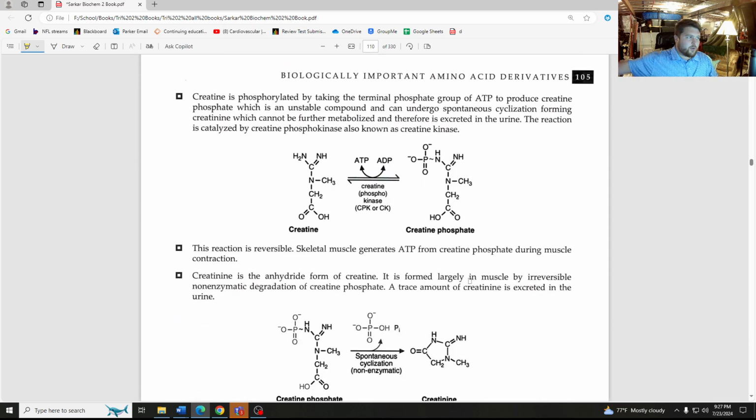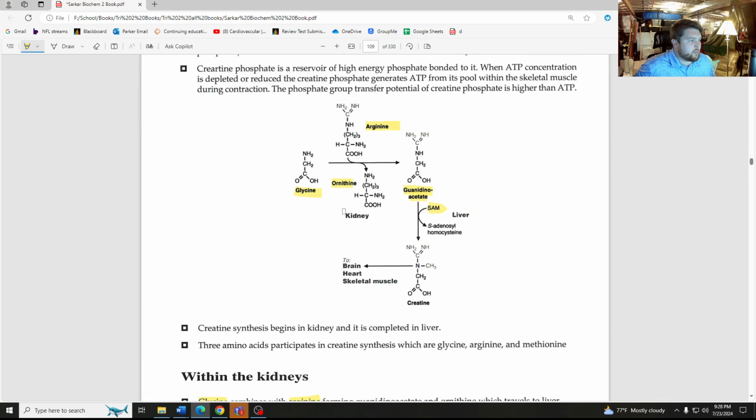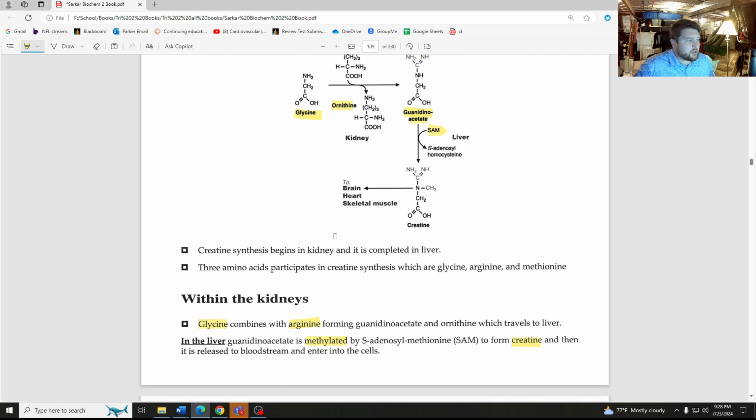Creatine is phosphorylated by taking the terminal phosphate group of ATP to produce creatine phosphate, which is an unstable compound and can undergo what's called spontaneous cyclization, forming creatinine. So, the devil's in the details with this. We bring all this stuff together to create creatine, and creatine travels off to the brain, the heart, and the skeletal muscle.